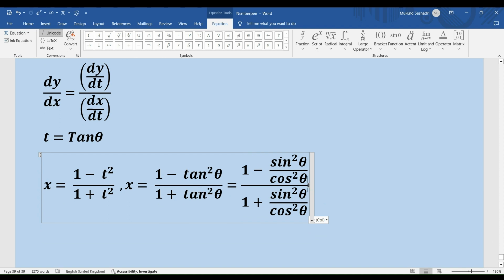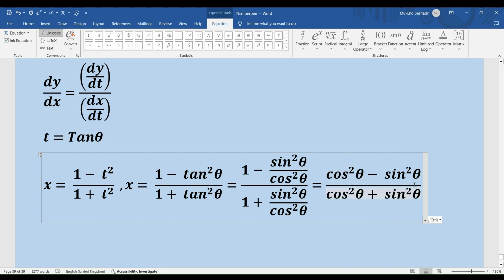I cross multiply the cos square theta in the numerator and in the denominator, and what do I get? My cos square theta post that gets cancelled, right? So I will have a cos square theta minus sine square theta divided by cos square theta plus sine square theta. And this is nothing but, my denominator is a 1, right? Because we have the trigonometric identity cos square plus sine square equals 1 for the same angle theta.